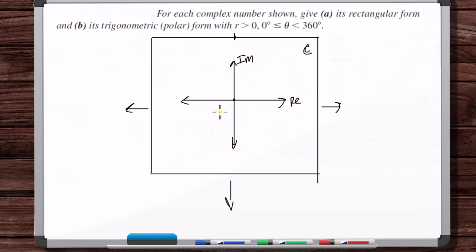You think of x and y, so a complex number is going to be x plus yi. That's it. So x can be positive or negative, y can be positive or negative, so this covers all possible points in the complex plane.